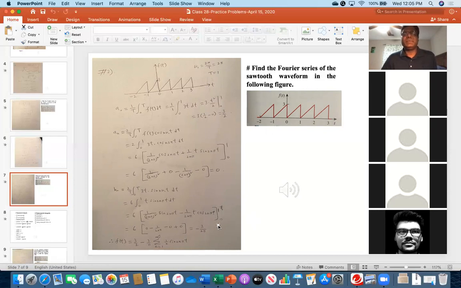And then again, if you put upper limit and lower limit, it is 0 here, but in this case, everybody see, you are getting a value which is minus 3 over n pi. It is not 0. So this means you got a naught 3 over 2 and an 0, but Bn has value minus 3 over n pi. So you see the last expression, finally, function of t equals 3 over 2 minus 3 over pi, sum n equal to 1 to infinity, 1 over n sine 2 n pi t.